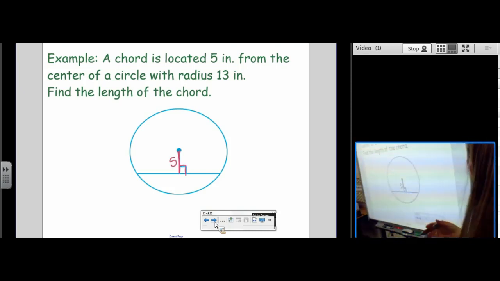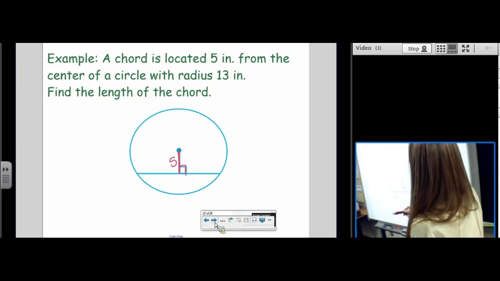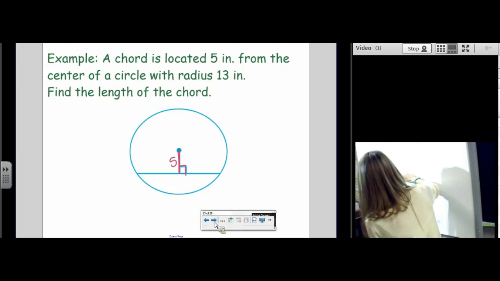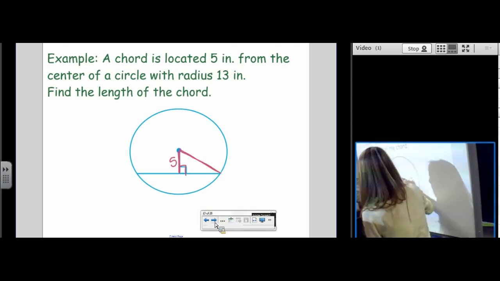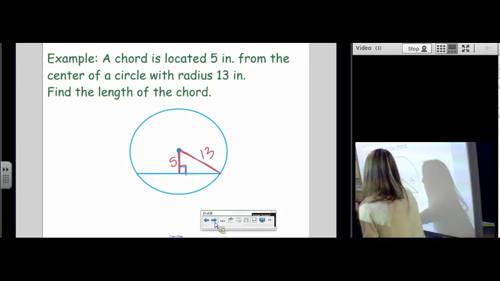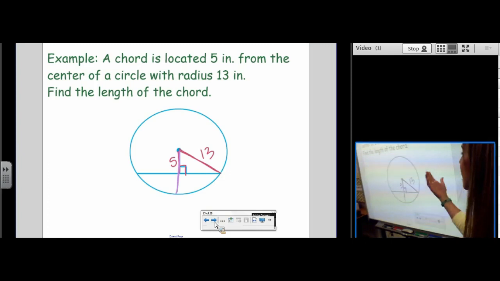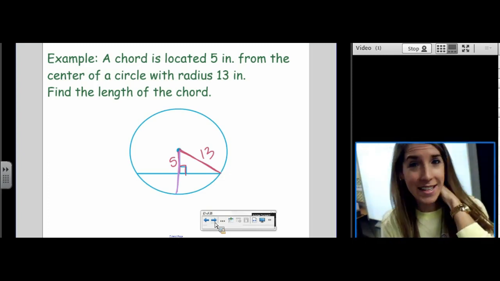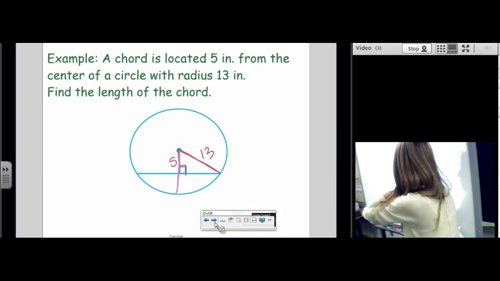That's how far away you are from something. And the radius of the circle is 13. I would not draw this other radius because that purple radius is not really going to help us at all. And then the answer is glaringly obvious once you have the right picture. It's a Pythagorean triple. This is 12.